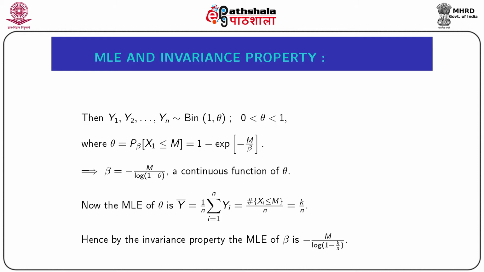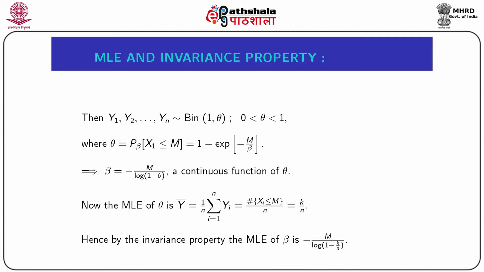Also, we know from Bernoulli sample observations, the maximum likelihood estimator of Bernoulli probability of success theta is the sample mean y bar, which is equal to summation yi by n, and here summation yi is equal to the number of cases where an xi is less than or equal to M. Hence, as a result, y bar is equal to the number of xi less than or equal to M divided by n.